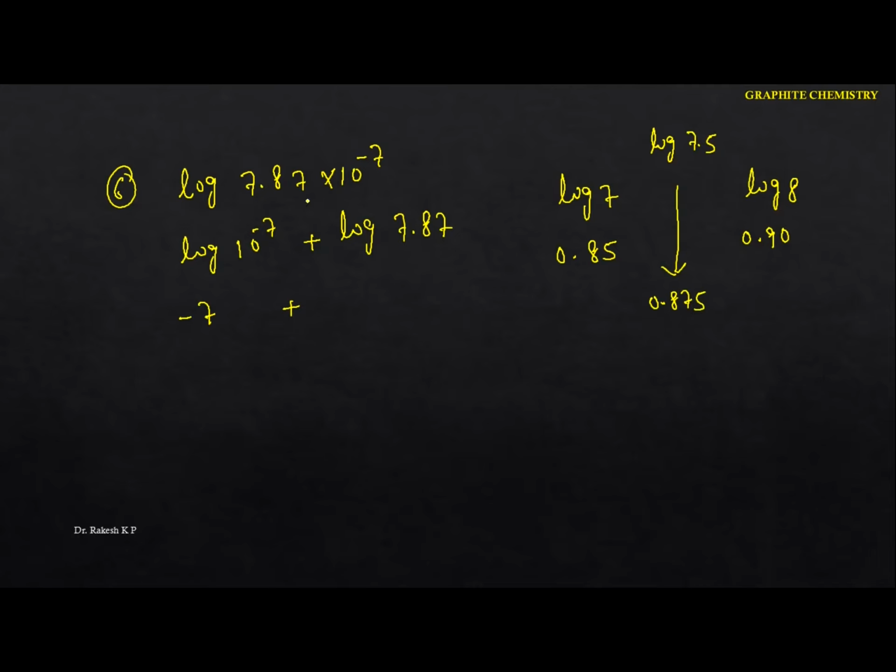But see this value, 7.87 is almost near to 8. Hence I am going to take the value of 0.89. So minus 7 plus 0.89, the value becomes minus 6.11. This is the value for log 7.87 into 10 to the power of minus 7.